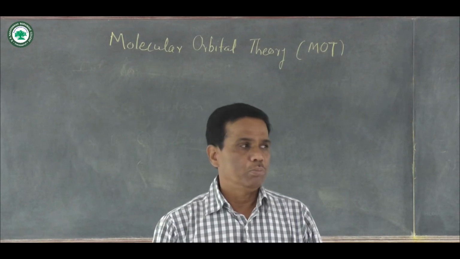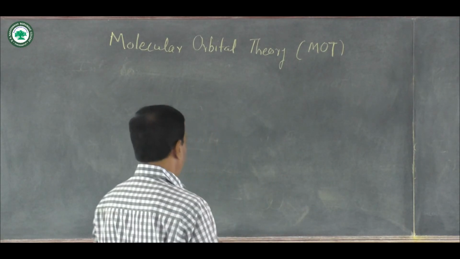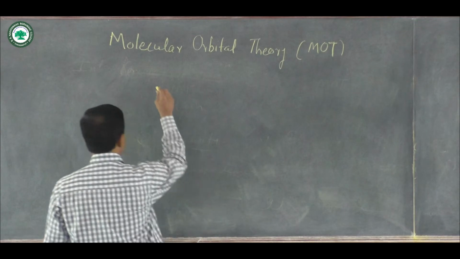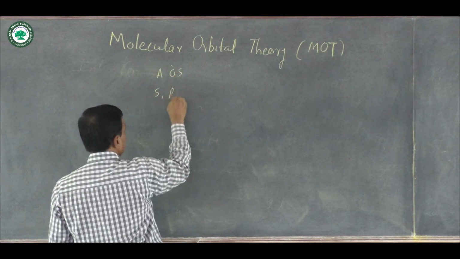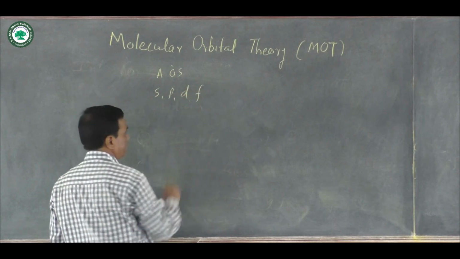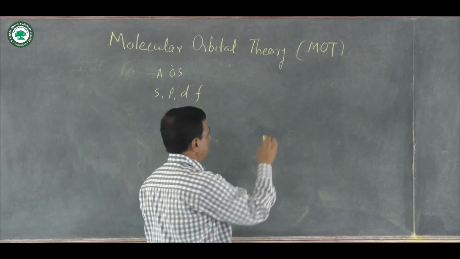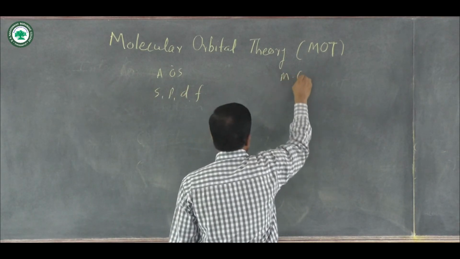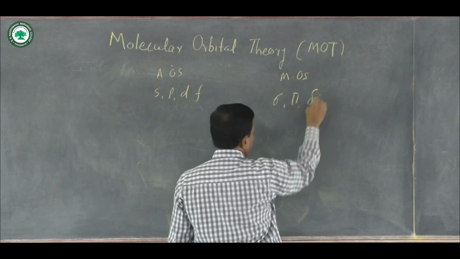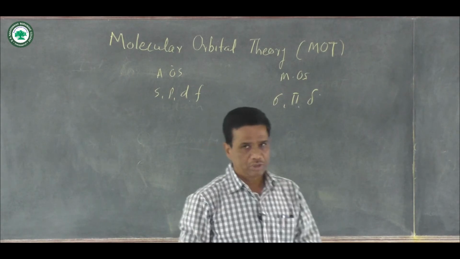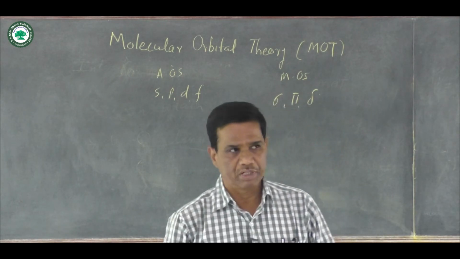You know that molecular orbitals are represented as here, atomic orbitals s, p, d, f, etc. Then here molecular orbitals are sigma, pi, delta. These are the molecular orbitals.